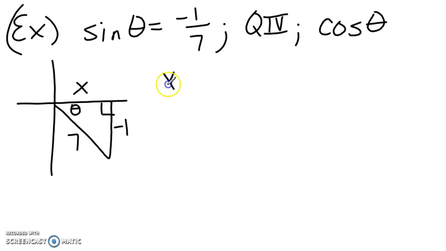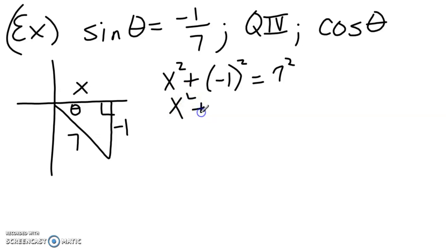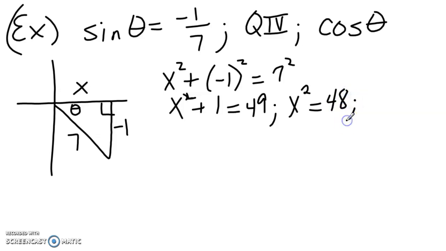So, Pythagorean's theorem, x squared plus -1 squared equals 7 squared. And simplest radical form.